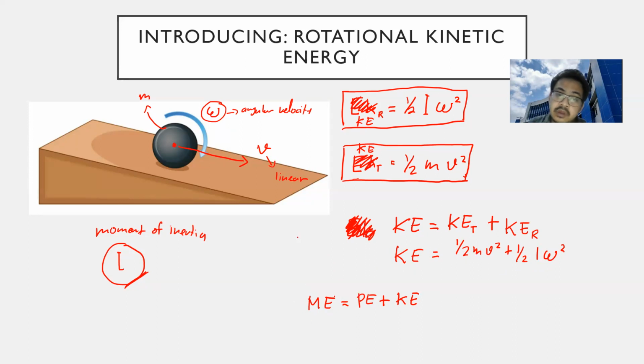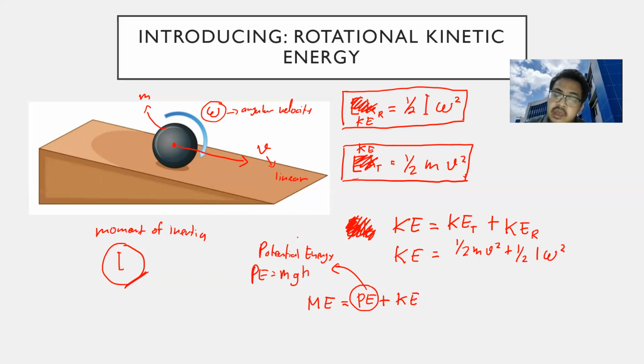Okay, so we have already studied the potential energy, which is equal to mass times gravitational acceleration times h, or the height, or the vertical position of the object.